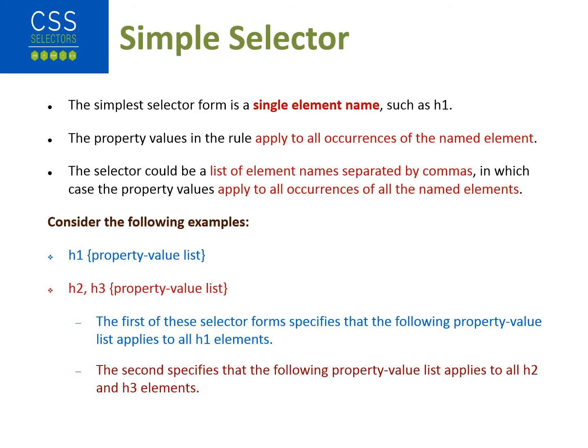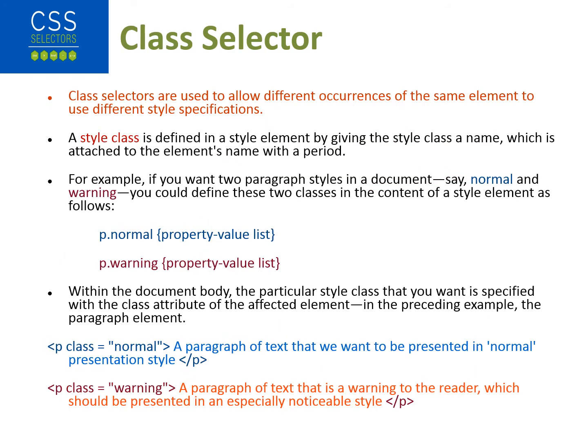Now we can see the class selector. Class selectors are used to allow different occurrences of the same element to use different style specifications. A style class is defined in a style element by giving the style class a name which is attached to the element's name with a period.